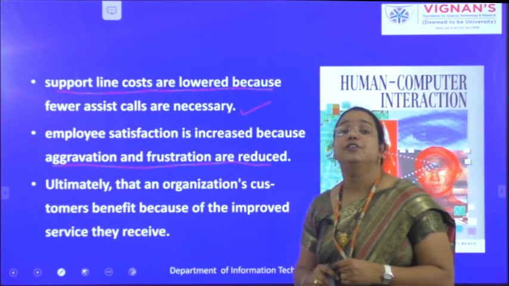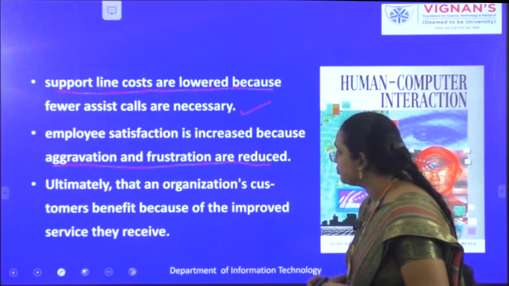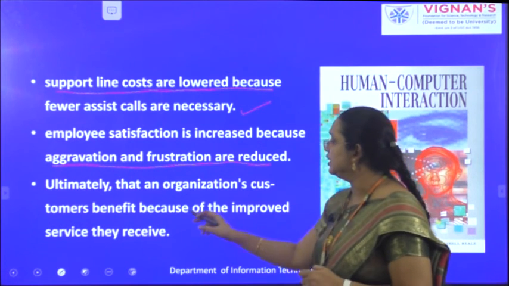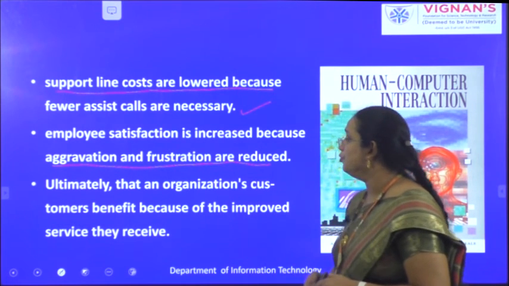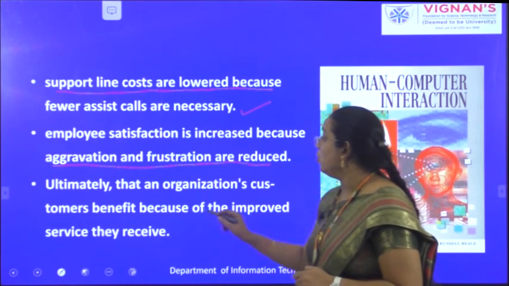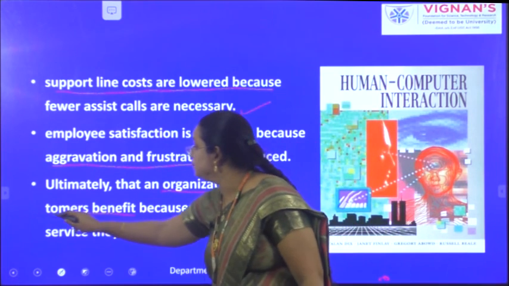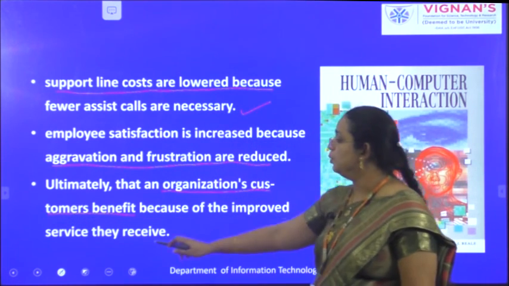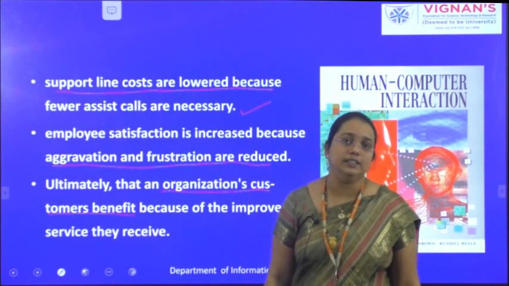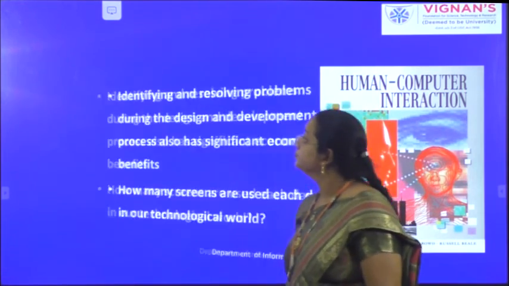Ultimately, the organization's customers benefit because of the improved service they receive. These are the benefits of good design.